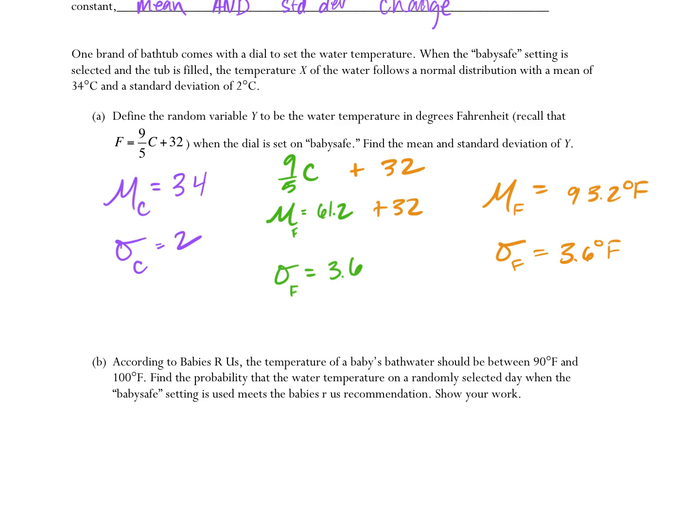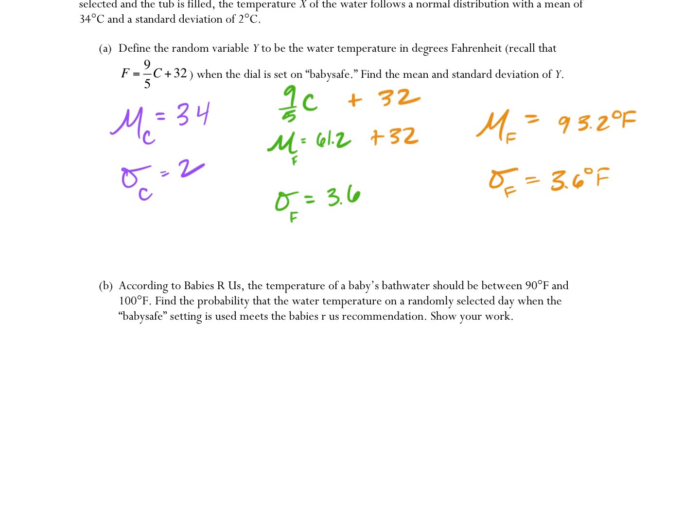Okay. According to Babies R Us, the temperature of a baby's bathwater should be between 90 and 100. So if I buy this specific faucet, okay. And I have it set to baby safe. So the mean would be 93.2 degrees Fahrenheit.